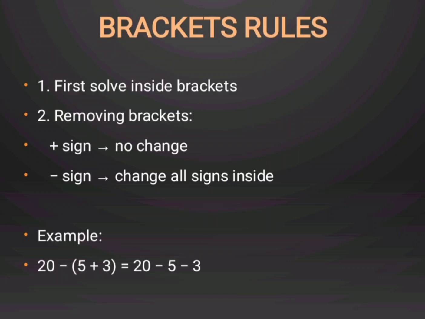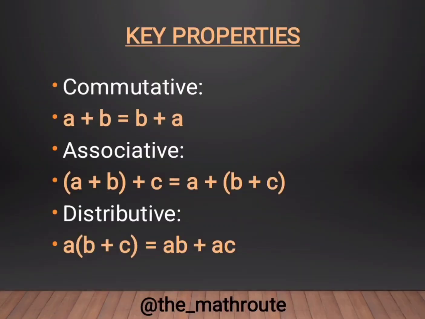Here it becomes 20 minus 5 minus 3. Both 5 and 3, positive within the bracket, become negative by applying the rule. And hence we solve it as 20 minus 5 minus 3, which is 20 minus 8, and it gives the answer 12.